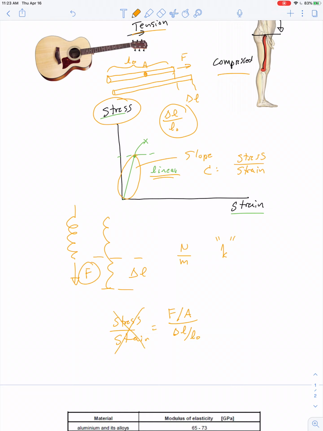And we're going to call that ratio of stress to strain, as long as we stay within the range where there's a constant proportionality, capital Y, and that stands for Young's modulus. So what are the units? Well, it's newtons per square meter divided by, well, there are no units for this, right? Because it's just meters over meters, and that cancels out. Well, a newton per square meter is known as a Pascal.